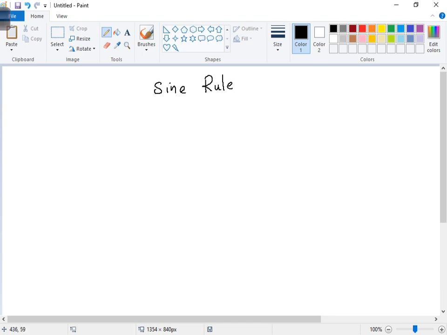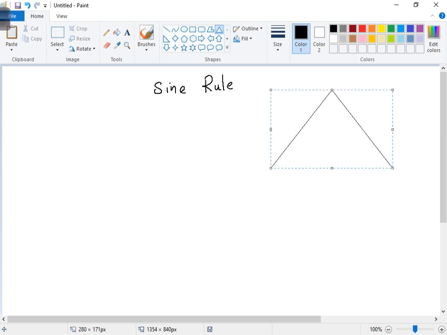If we have a triangle like this, from this triangle we have this angle A, this angle B, and this angle C. We realize that opposite of angle A is the side a, opposite of angle B the side b, and opposite of angle C the side c.